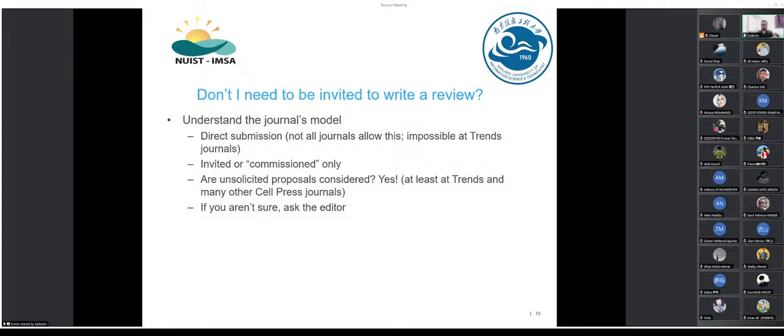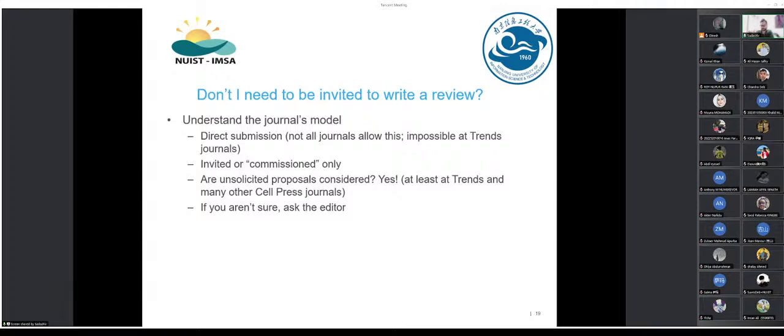You should submit the proposal first to the editor, right? In the low impact factor, you can directly submit the paper, but in high impact factor, it's good to submit the proposal before submitting the paper, so that you will get a green signal from the editor that yeah, this idea can be published in this particular journal.